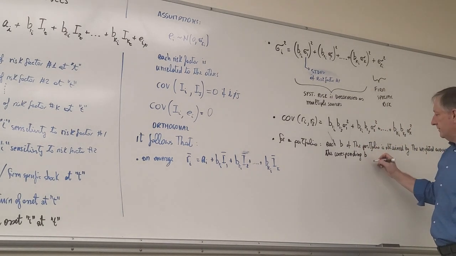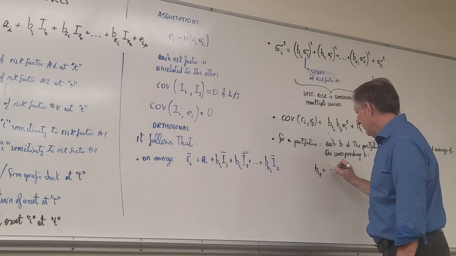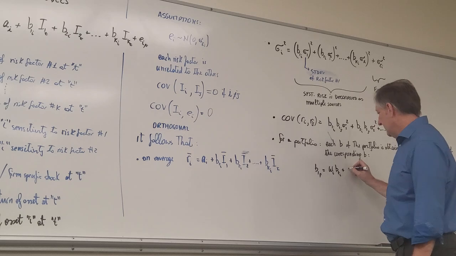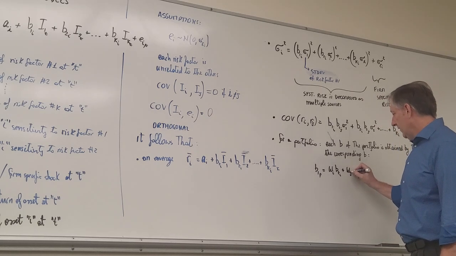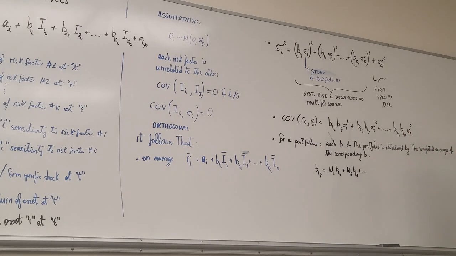So for example, beta 1 of the portfolio is equal to the weight of asset I times beta 1 of I, plus the weight of J times beta 1 of J, plus we do that for all the assets of the portfolio.